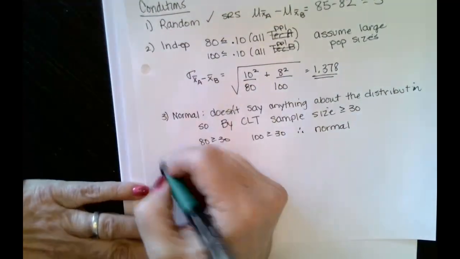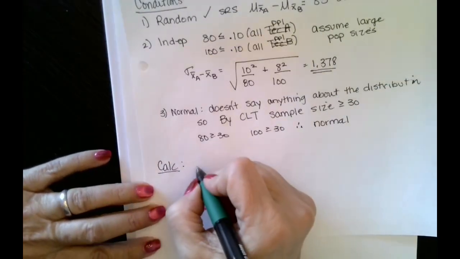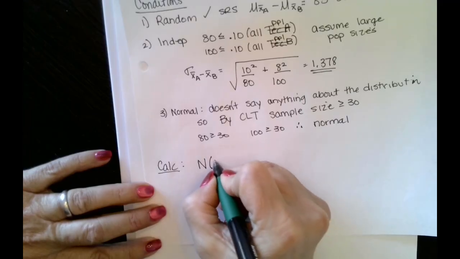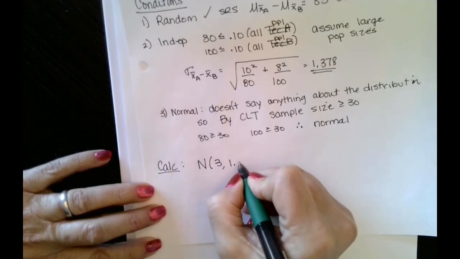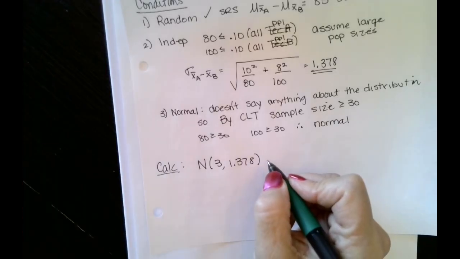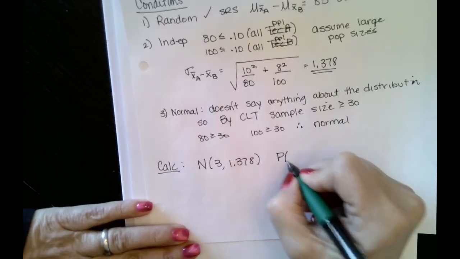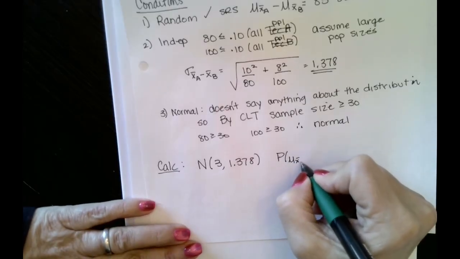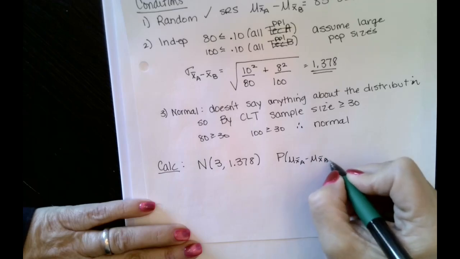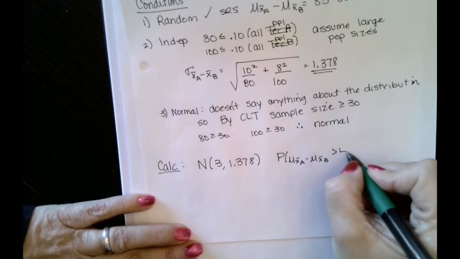All right, so now I'm going to go down here to my calculate. So what I know now is that I'm approximately normal with a mean of 3 and a standard deviation of 1.378. All right, so if I want my probability, x bar A minus x bar B, and I know that I want this greater than 4.